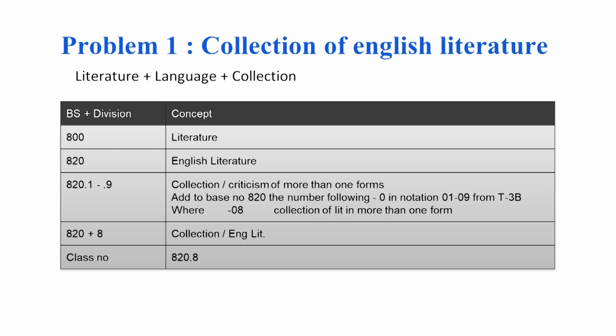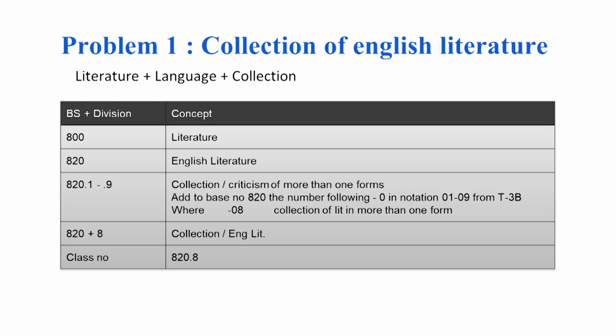Under this we will see add to base number 820 the number following -0 in notation 01 to 09 from table 3b. So we have to go to table 3b. Then we will see there that 08 means classification of literature in more than one form.